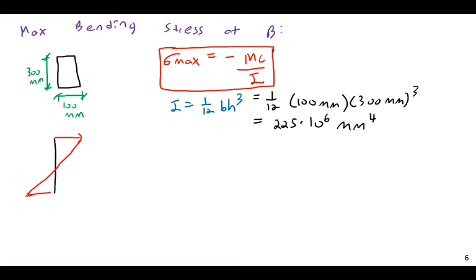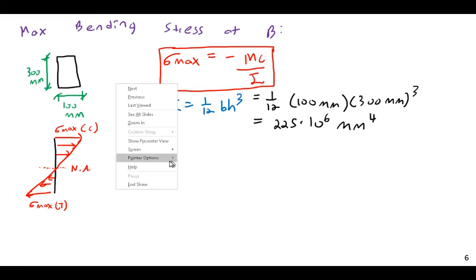Like that. And that negative comes out of the derivation yesterday. This is the neutral axis. This is our sigma max in compression, and this is our sigma max in tension. And the distance for each of these is going to be c.